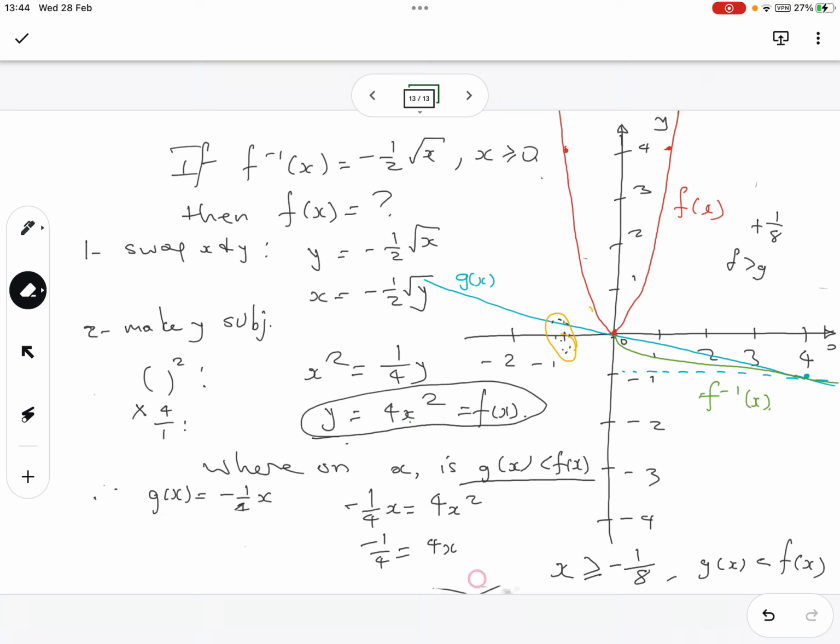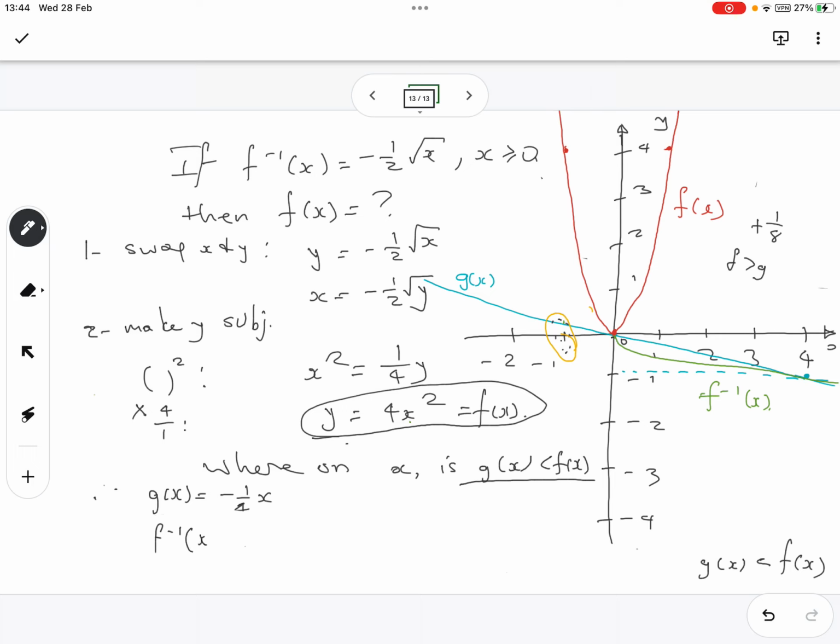Cool. I just want to rewrite the answer to this one. I want to remove this part, it's no longer necessary. So I just want to say f inverse is negative a half root x, right?